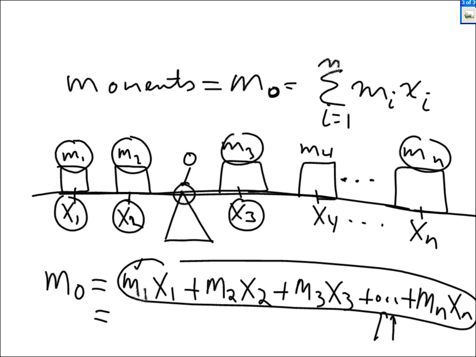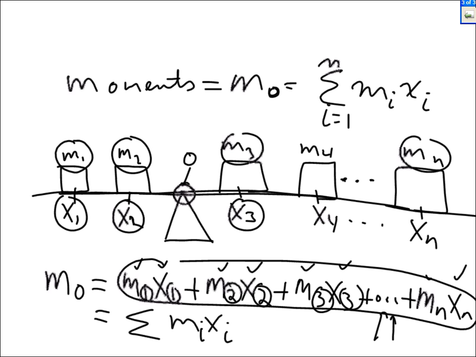And if you notice, a lot of these things look the same. They all have an m and an x, an m and an x, an m and an x, mx. And we're adding them. So it's the summation of mx. And what changes are these subscripts. So let's call them i. First they're 1, and then they're 2, and then they're 3, all the way up to n.